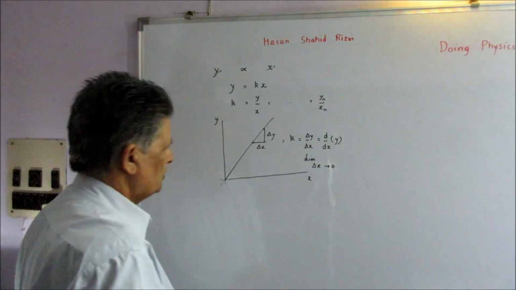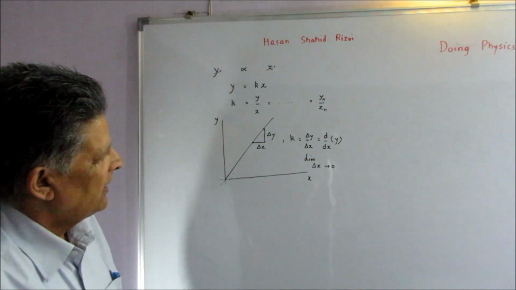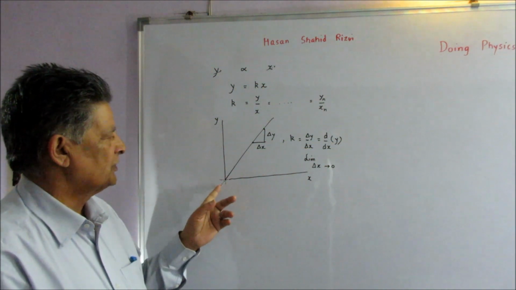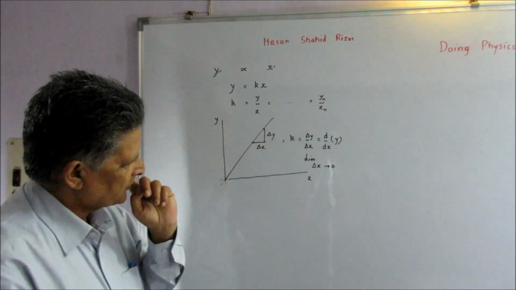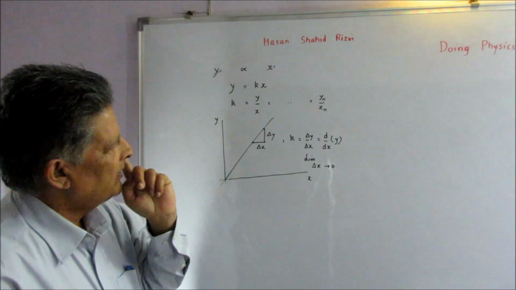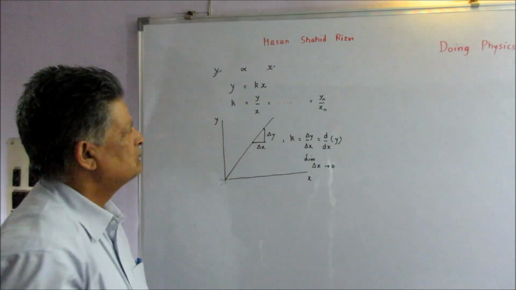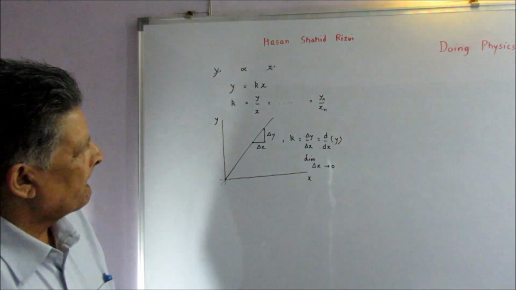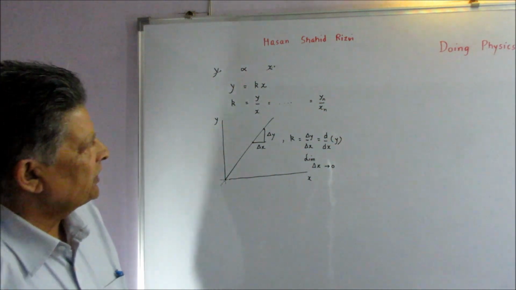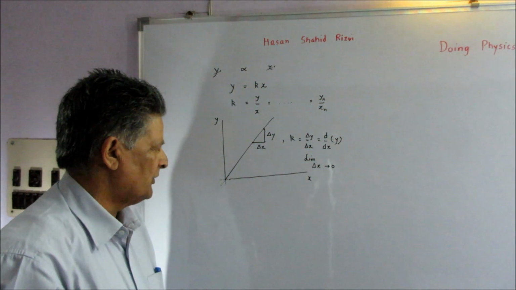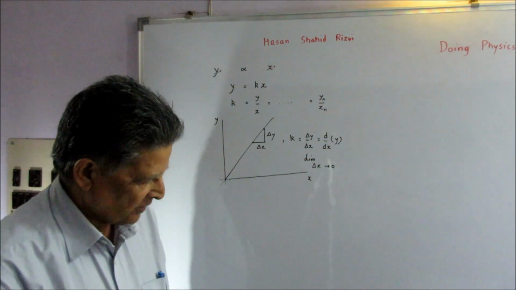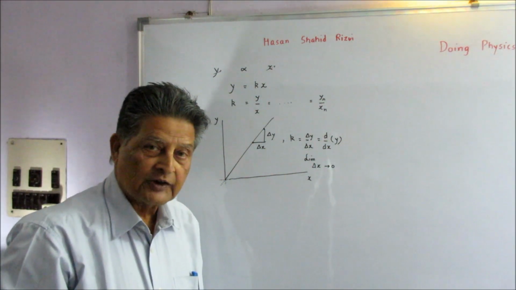I also told you that I will talk to you, because this system is a linear system, it is a straight line, but there may be things where I can say that y is a function of x, but is not a linear system of x.